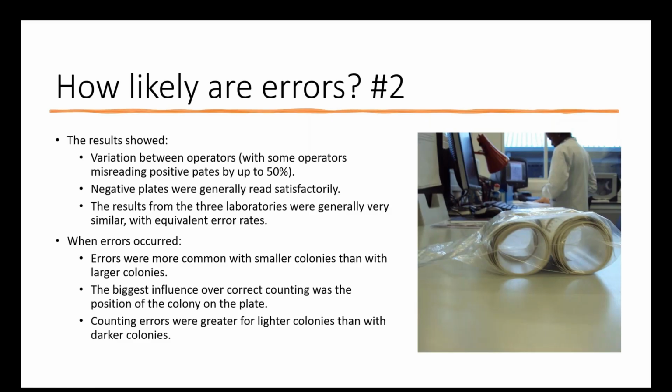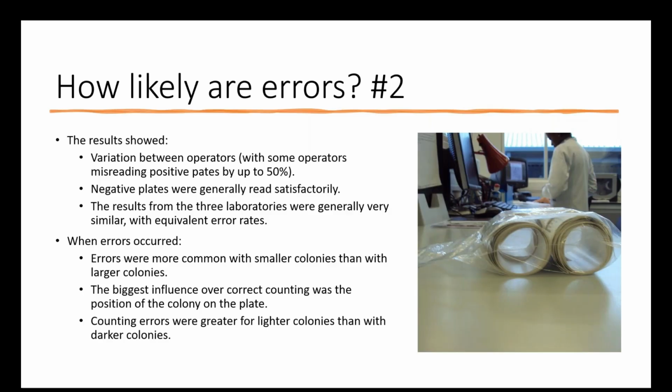It also stands that the results across the 3 laboratories were generally very similar, so the same error rates were reproducible. The error rates were far more common with smaller colonies than with larger colonies.